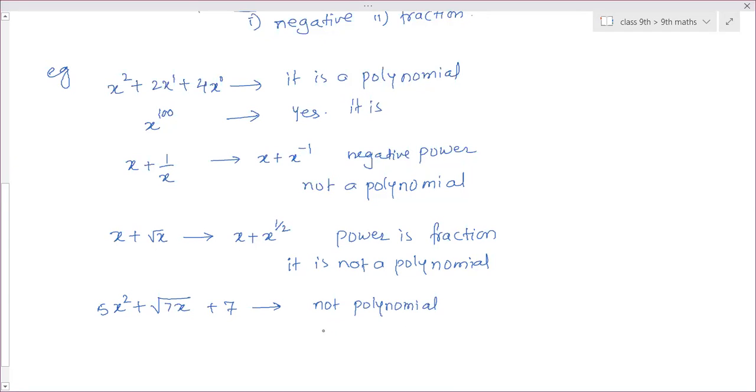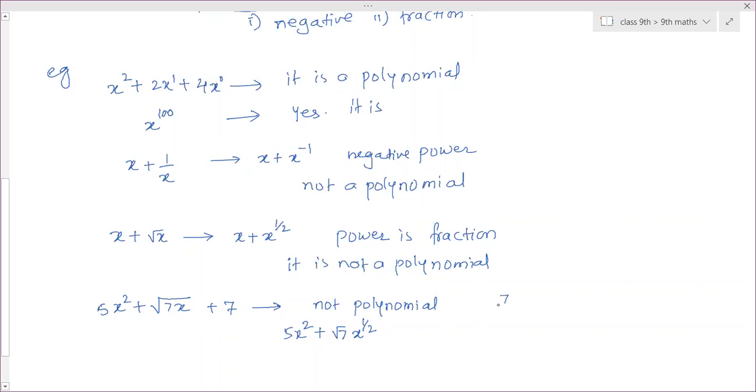x to the power 1 by 7? Why 1 by 7? 7 is inside the square root. So it is root 7 separate and x to the power 1 by 2.